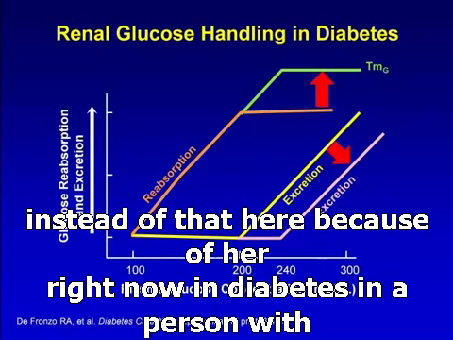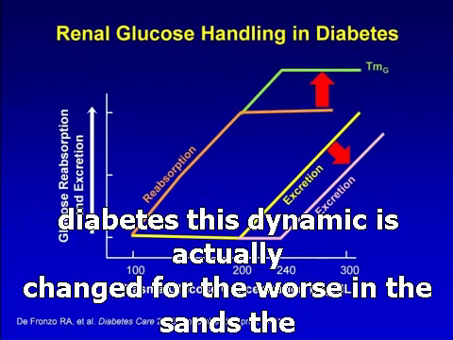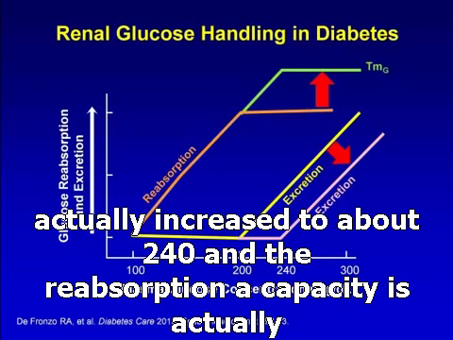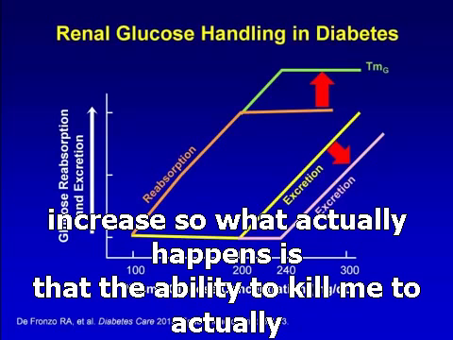Now, in a person with diabetes, this dynamic is actually changed for the worse, in the sense that the plasma glucose concentration needed to begin excretion of glucose is increased to about 240. And the reabsorption capacity is also increased.